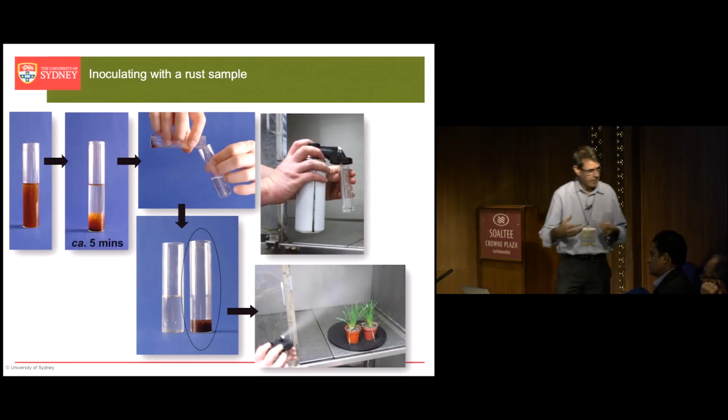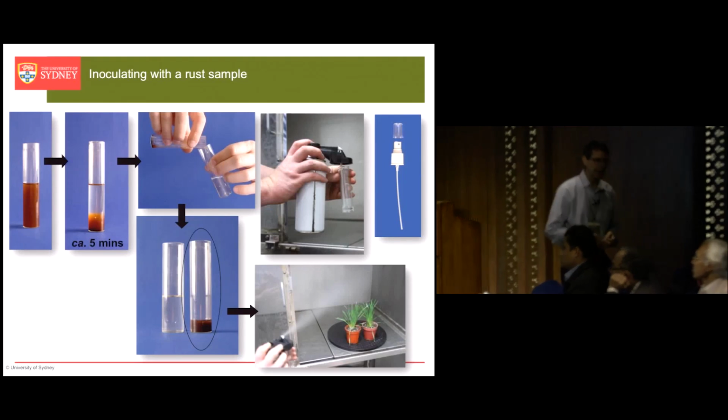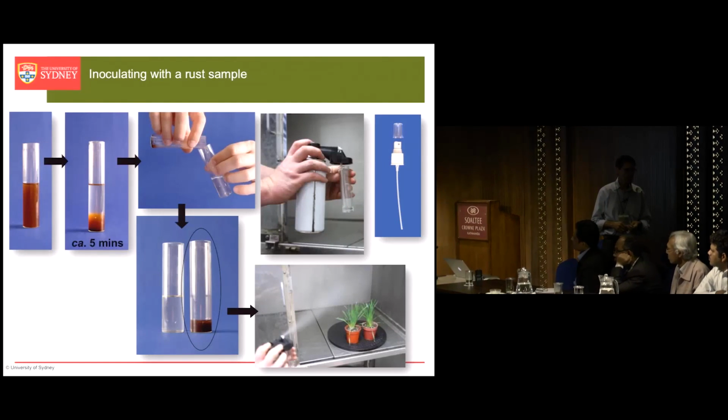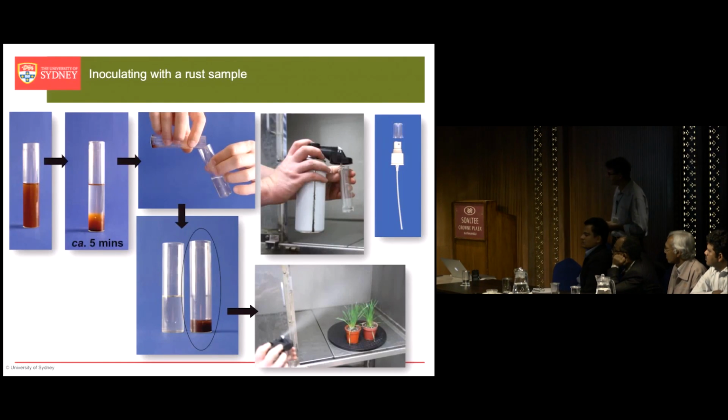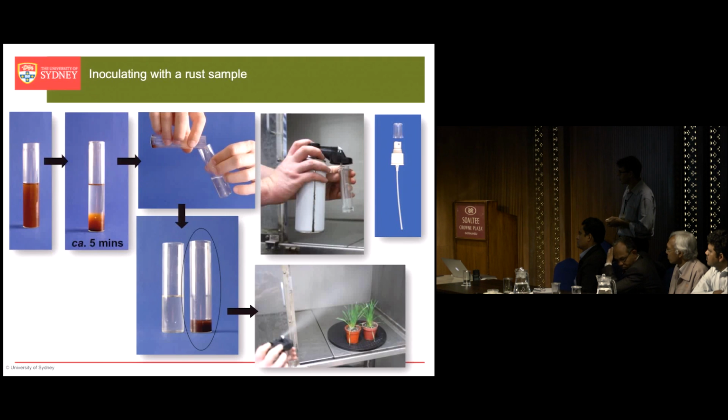It's always a problem to try and find equipment like this. One of my colleagues once came into work with, I think it came from a thing of deodorant that he'd bought and had run out from a supermarket. And we actually used one of these things to inoculate just to see how it would work. And it worked. It's just got a pump action.